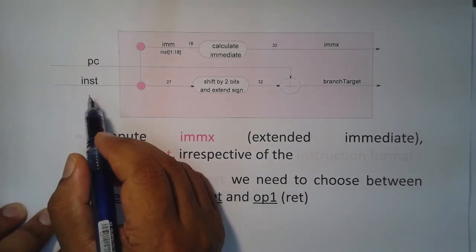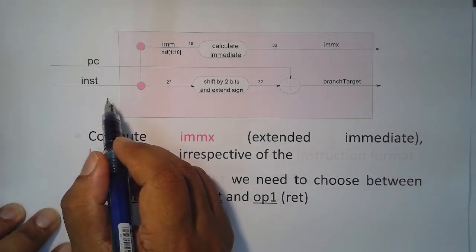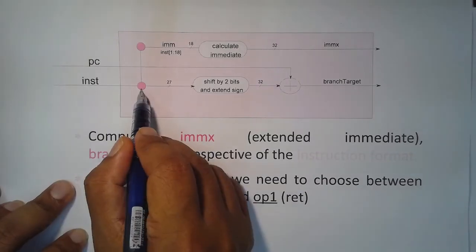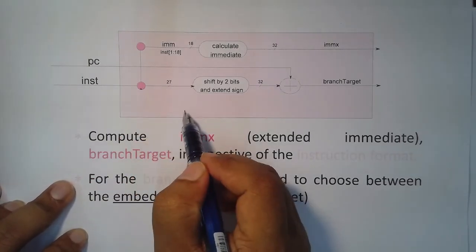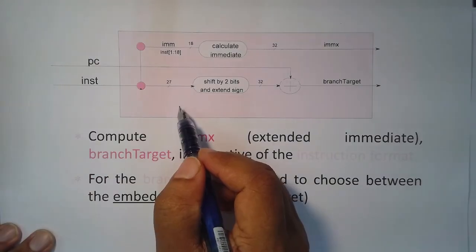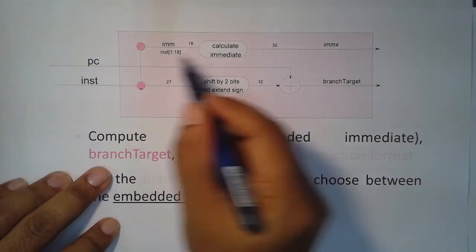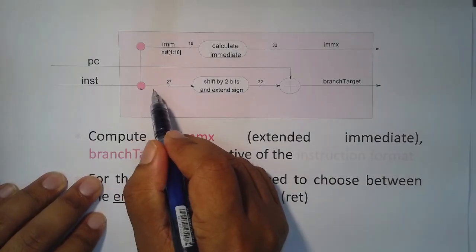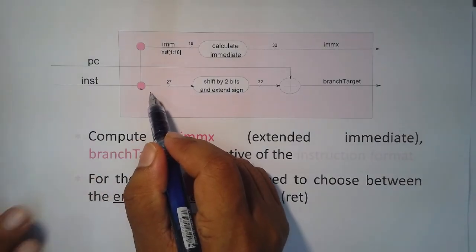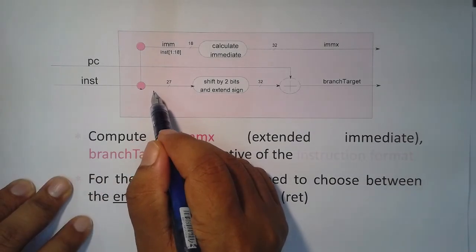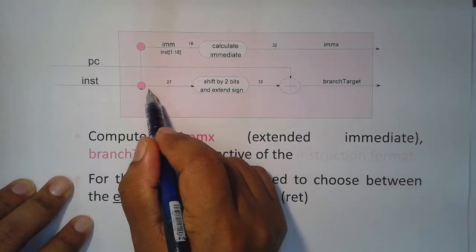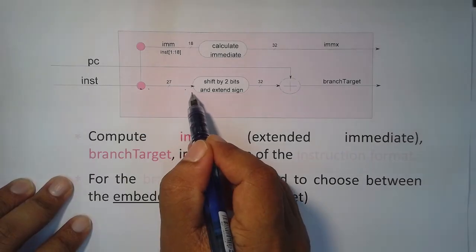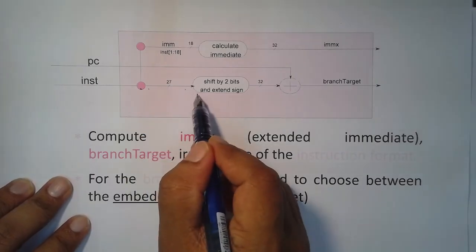The instruction you get, irrespective of whether it is a branch instruction or not, you will do this work in parallel. You assume that, apart from the 5 bits denoting the opcode, the rest of the 27 bits denote an offset, which you can use for calculating the branch address.